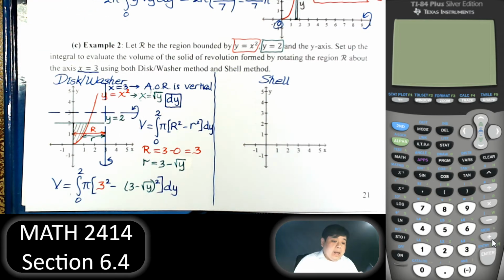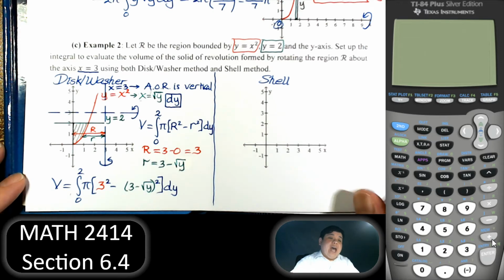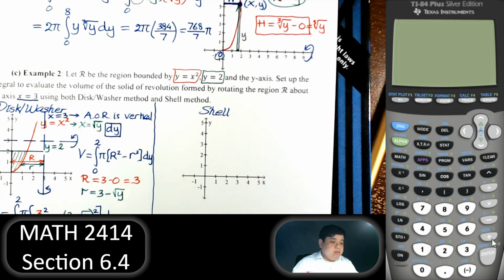Just set it up, and that's what we have. Of course, we can take the pi outside too. So big radius from the axis of rotation to the outer edge. Small radius from the axis of rotation to the inner edge, whatever is smaller.